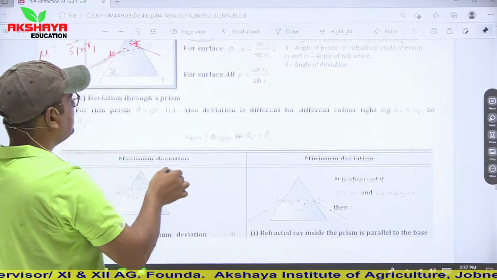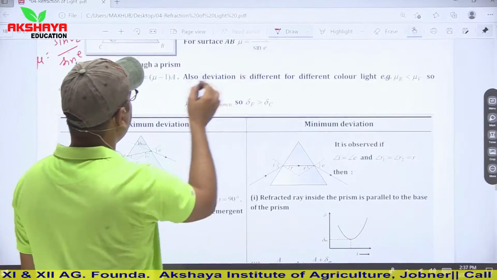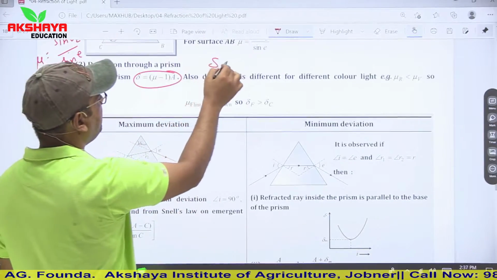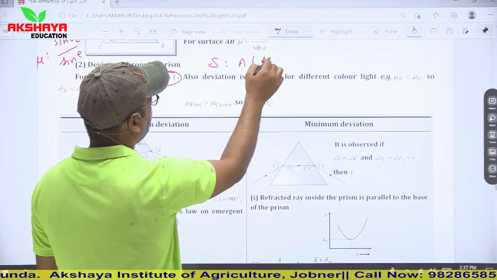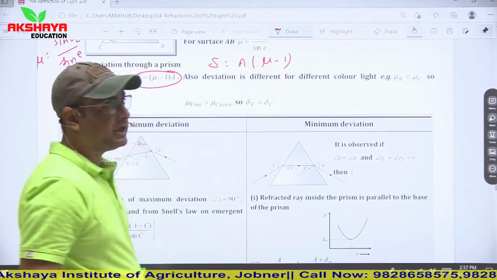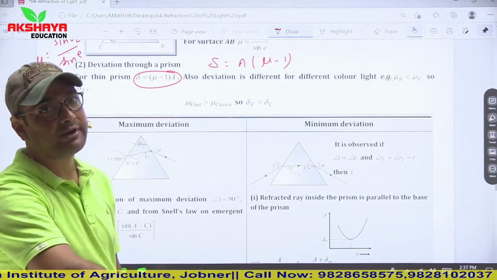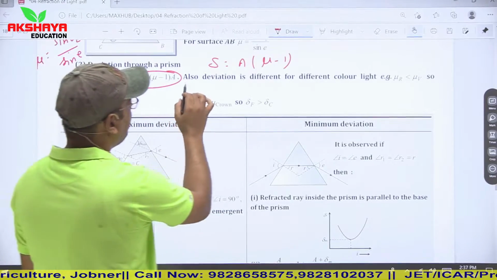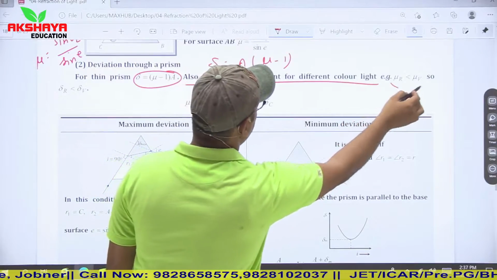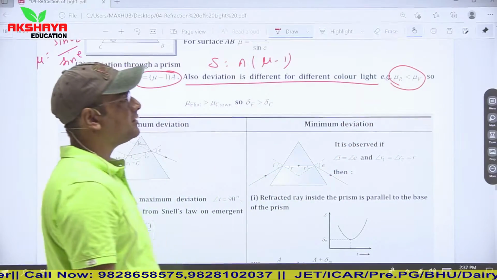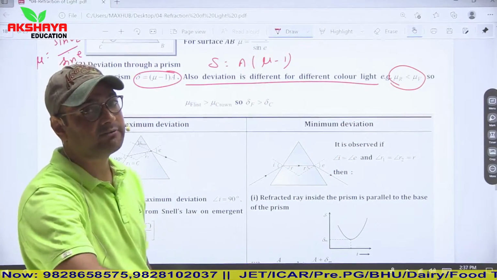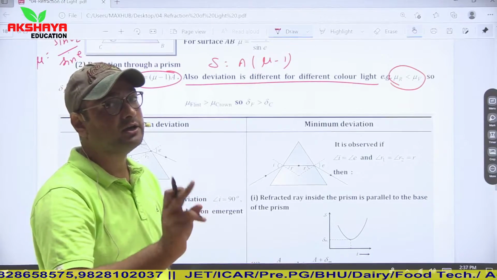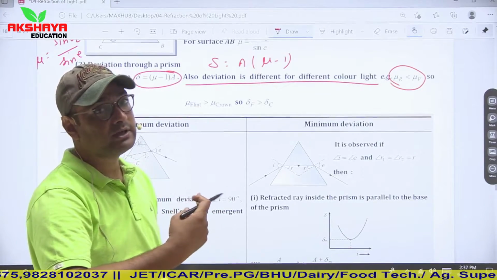Now see deviation through a prism. Deviation can be defined as del is equal to A into mu minus 1. So A is the angle of prism and mu is the refractive index of the medium of the prism. Also, deviation is different for different colors. So the refractive index of violet color is greater than the refractive index of red color due to Cauchy's law.